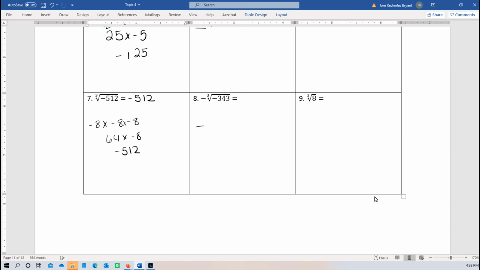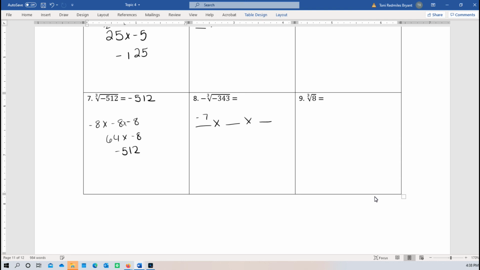All right, so what 3 things multiply together to give me a negative 343? Okay, so let me think about that for a second. Have we done sevens yet? Sevens are something weird. Yep, that's 7.